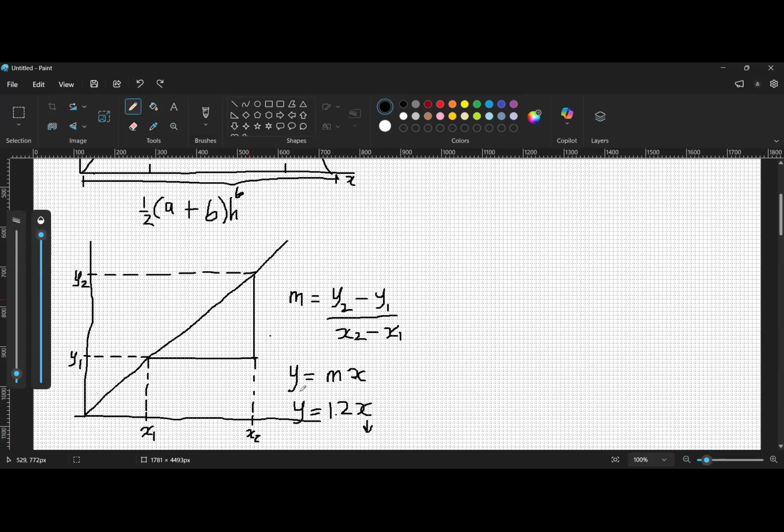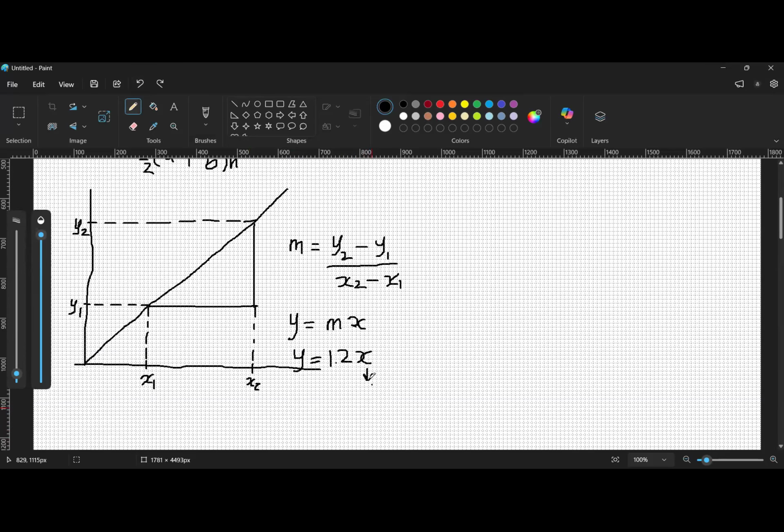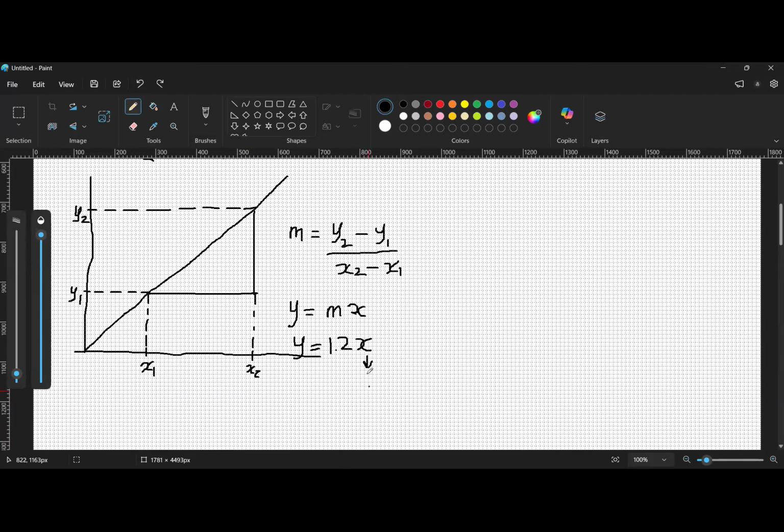I wanted to write using the symbols, but I just saw that the symbols for pounds and euros look kind of close, so I'm going to just write it out. So x is pounds and y is euros.